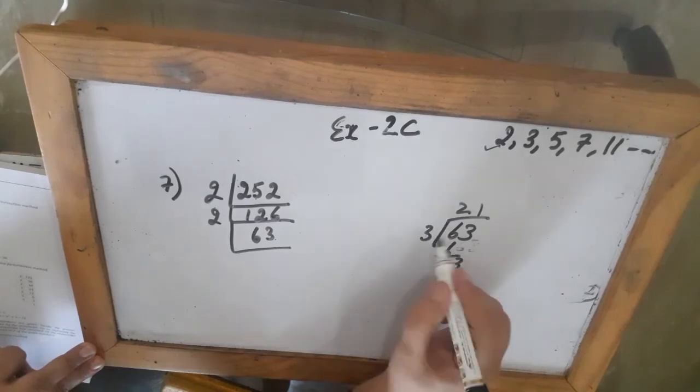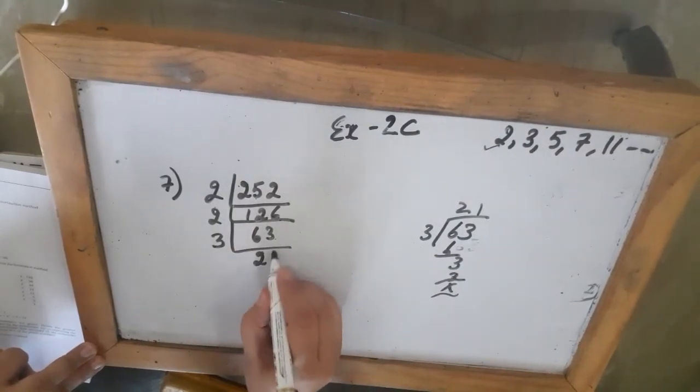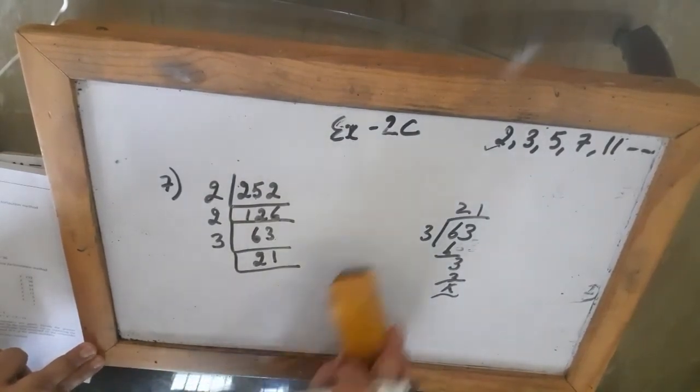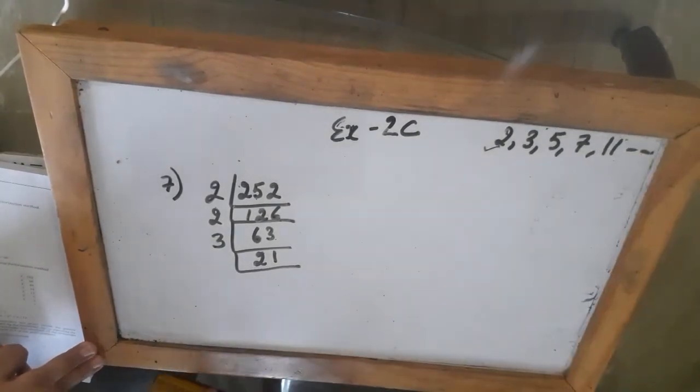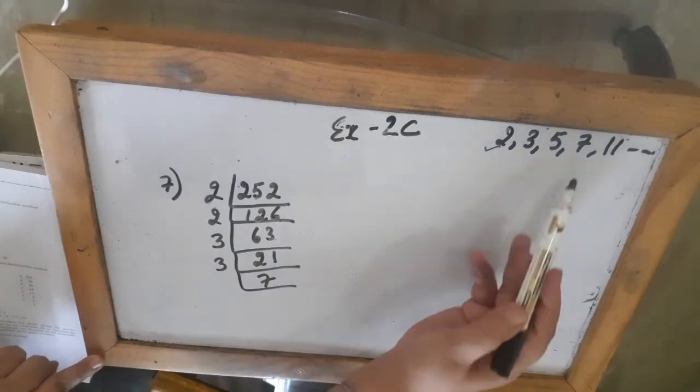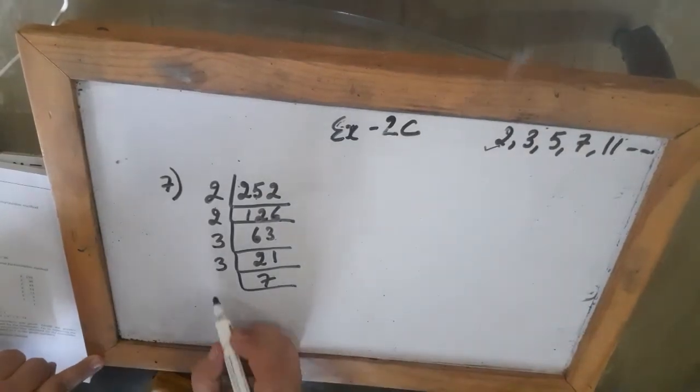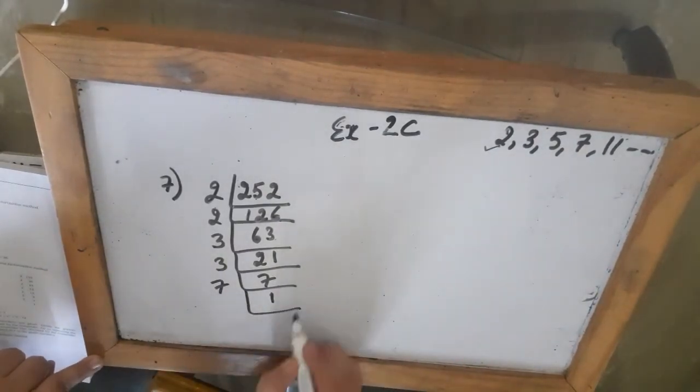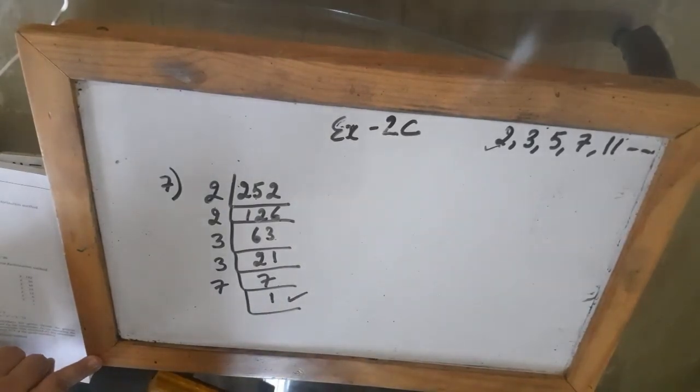So it means 3 21s is 63. Now 21 again I can divide with 3. 3 7s is 21. Now this 7 is divisible only by itself. 7 1s are 7 because this is a prime number. So we stop here because I got a 1.